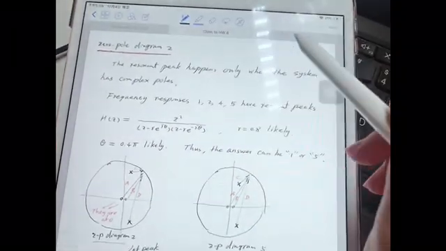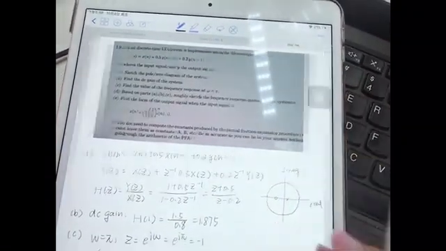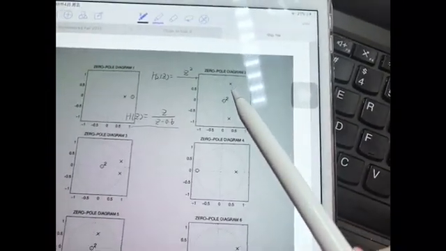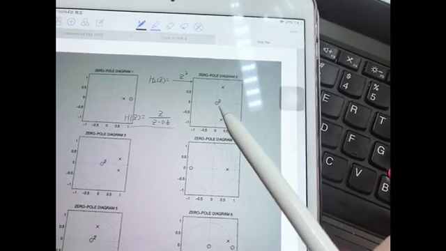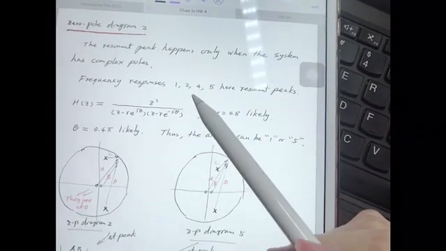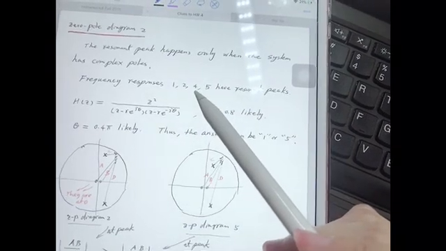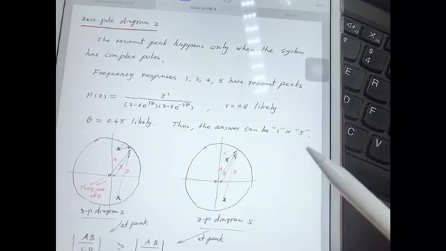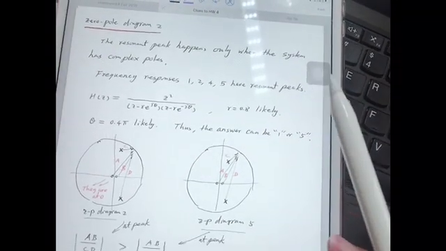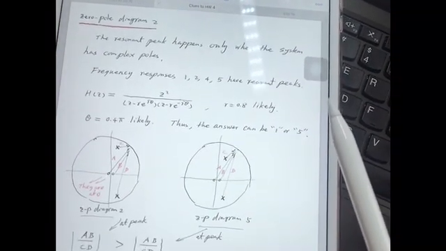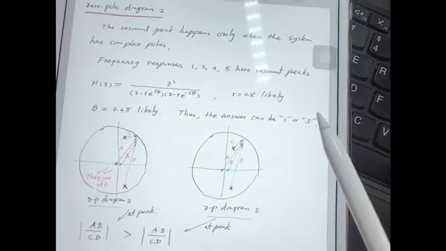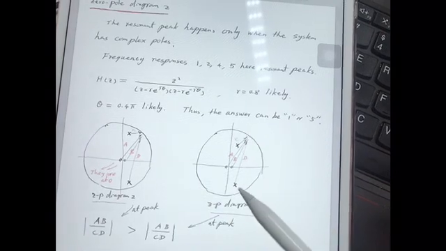Now let's come to the second diagram. It seems a little bit more difficult than the first one, because the peak happens only when the system has complex poles, because the zeros and the poles do not only lie on the x-axis and the y-axis.